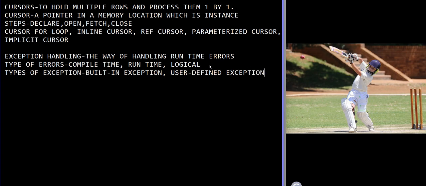Built-in exceptions are defined and set in the Oracle system. That means they are already in the system, like zero divide or no data found. All of these are built-in exceptions.